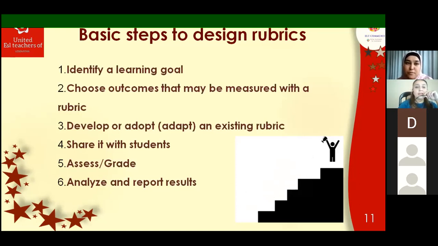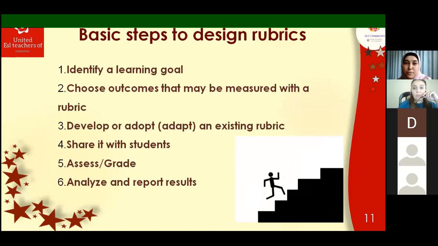So, the first step is to share it with students, and we need to assess or grade at the same time. And again, at the end, like a life cycle, we need to analyze and report results, work on our shortcomings, and put it into the process again. So we can say that assessment is a process, as with our productive skills.